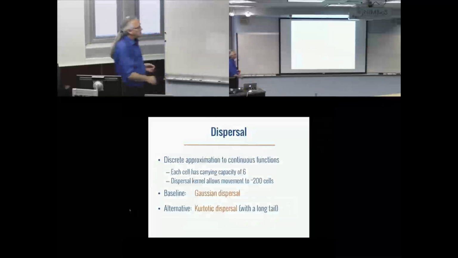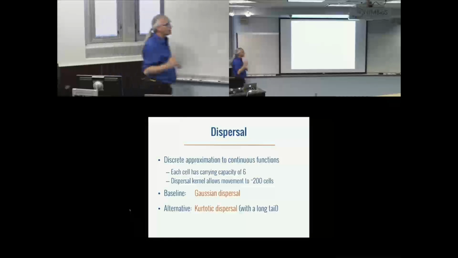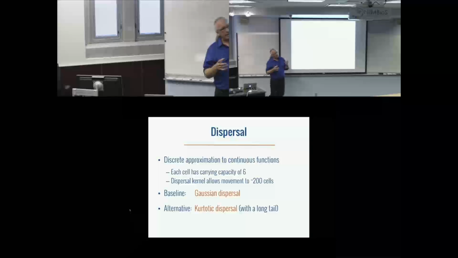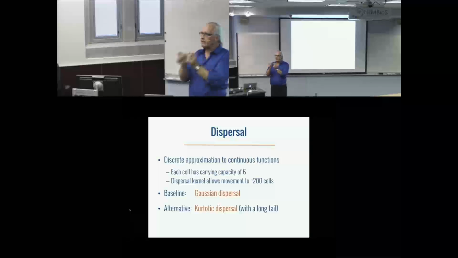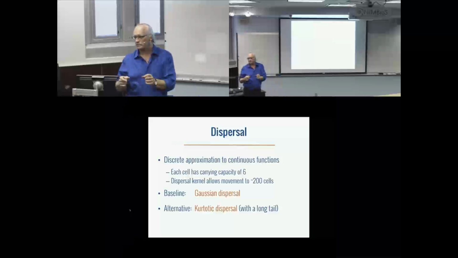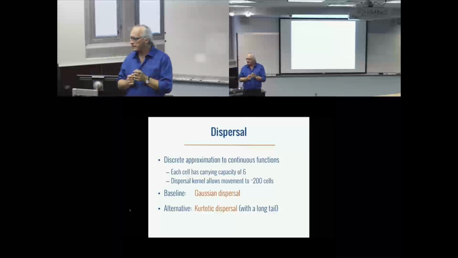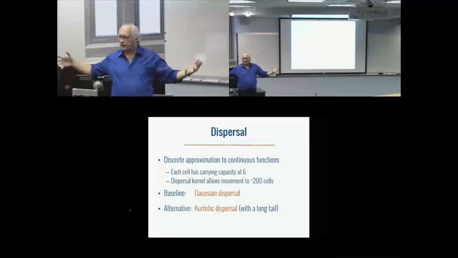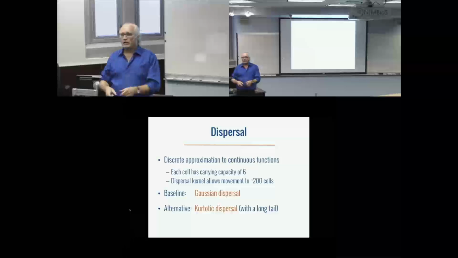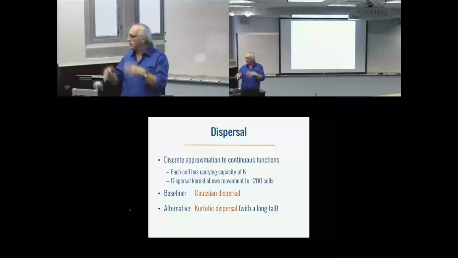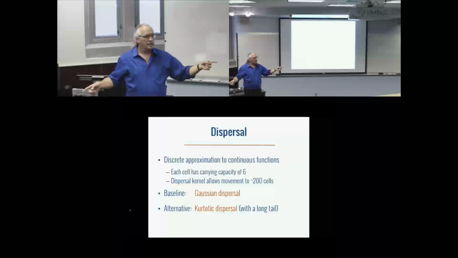Okay, so dispersal. So mainly, this is a kind of technical detail. NIMBio is a program that assumes that everybody lives in a particular population. And so we've kind of tricked NIMBio into doing continuous space by creating a grid of places, using that grid for a discrete approximation of the continuous dispersal function.